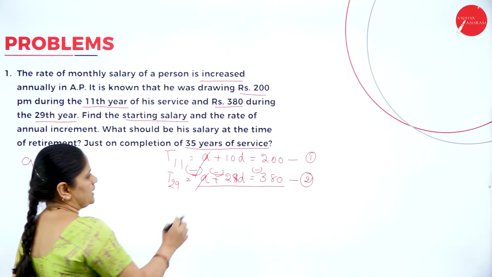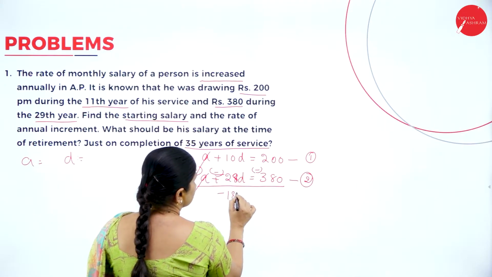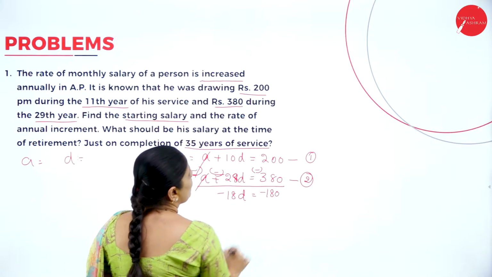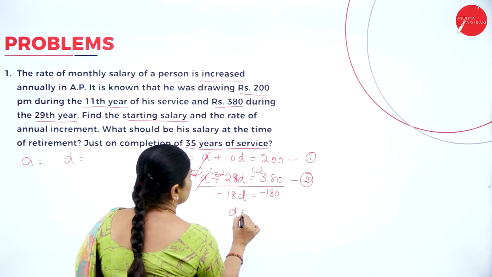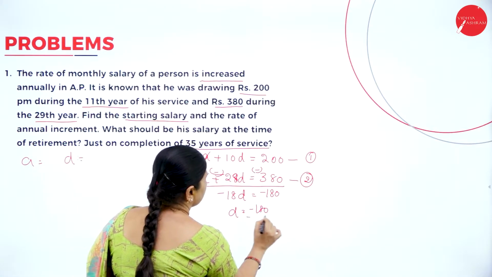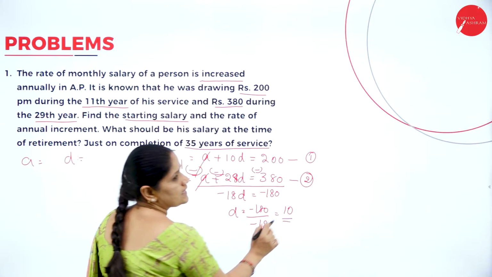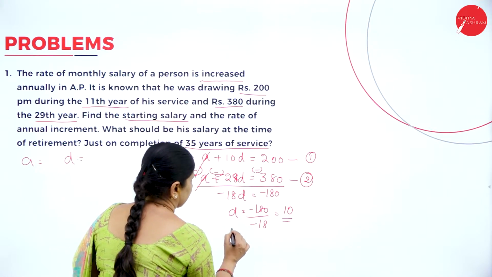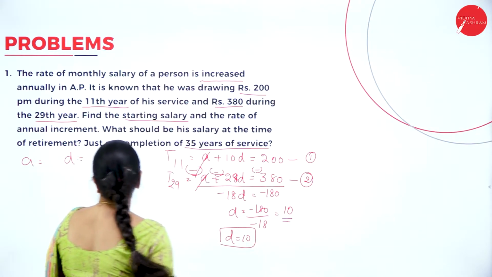So, 28D minus 10D is 18D, and 380 minus 200 is 180. So, D will be equal to 180 divided by 18. So, 10 is the answer. D equals 10. So, he gets an annual increment of 10 rupees.